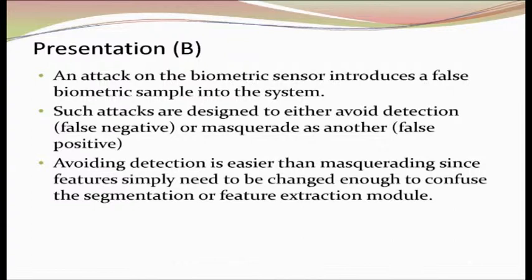But if I have to generate somebody else's features on my fingerprint, that is a more difficult problem. The simple problem is that I want to avoid my detection, so I come with a wrong fingerprint cap, I give the data, and wrong features will be extracted. It is very easy, but the other one is difficult.